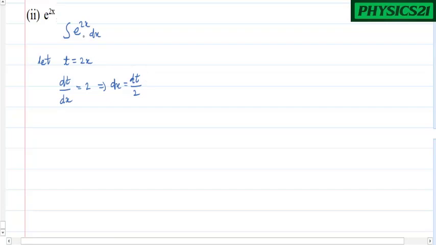Use this substitution in equation 1. So we get e raised to t divided by 2. Now solve it. 1 by 2 e raised to t plus c. Return the value of t. We get 1 by 2 e raised to 2x plus c. That will be the integral coefficient of the given function.